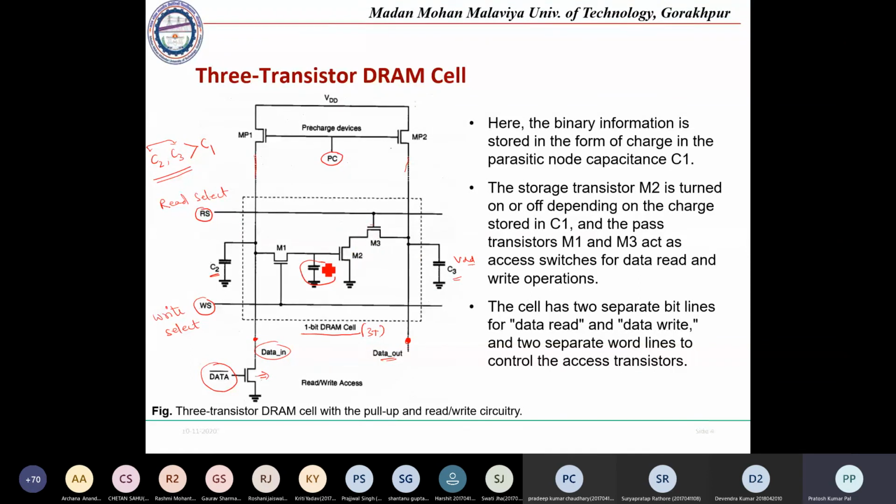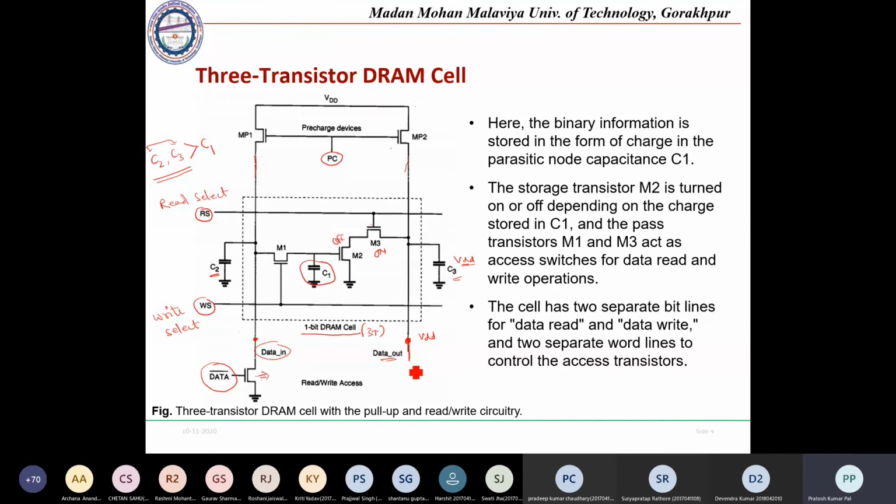When we are going to read a 0, C1 will have a value of 0. That means transistor M2 will be off and M3 will be on. C3 is connected to the data that is VDD, and C3 will not find any path to discharge, so whatever VDD value is stored will remain VDD.